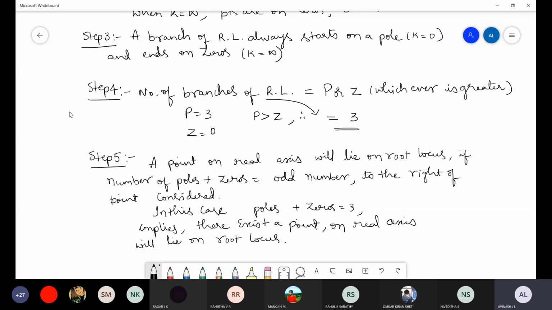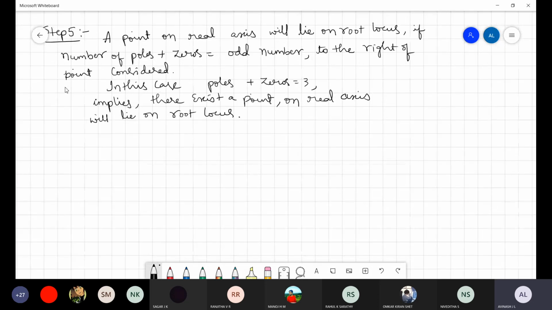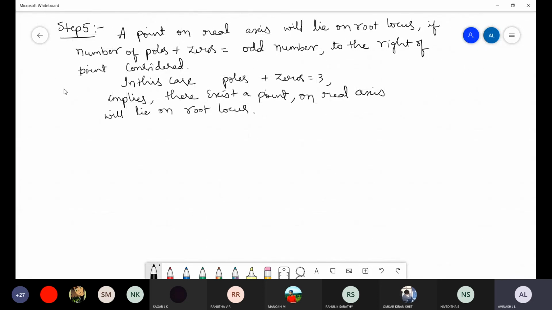So this is step number 5: a point on the real axis will lie on the root locus if the number of poles plus zeros is an odd number. In this case it is 3, so there exists a point on the real axis that lies on the root locus as well. Now we'll go for step number 6.